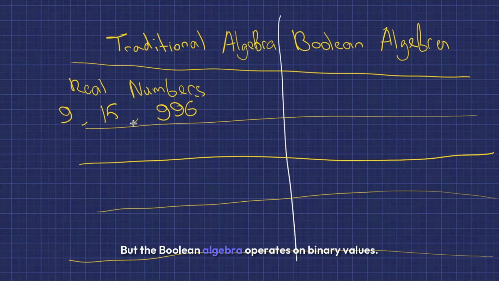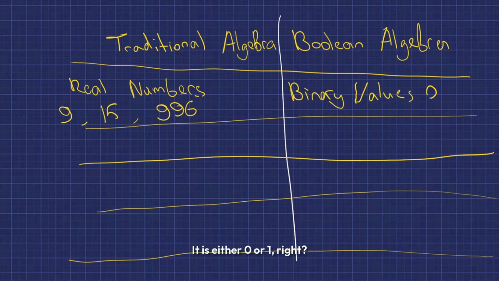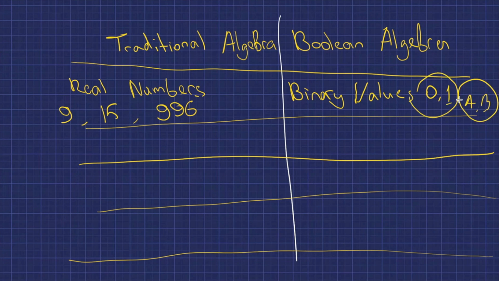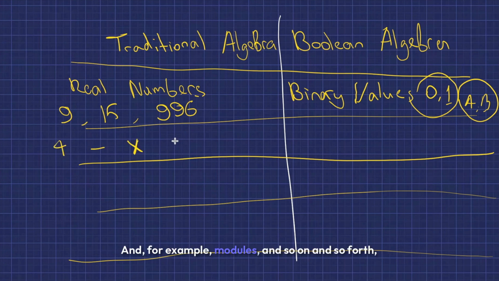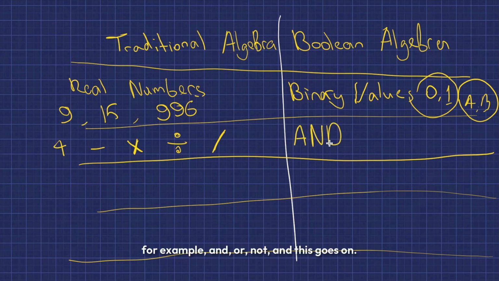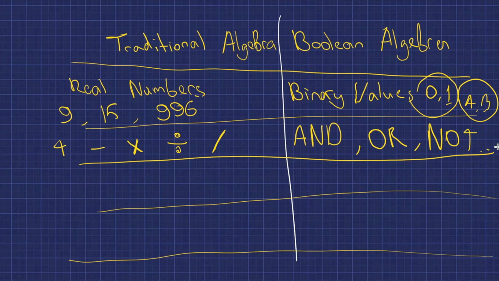But Boolean algebra operates on binary values. It is either 0 or 1, right? A or B. Traditional algebra uses arithmetic operations like plus, minus, modulus, and so forth. But Boolean algebra uses logical operations, for example AND, OR, NOT, and this goes on.